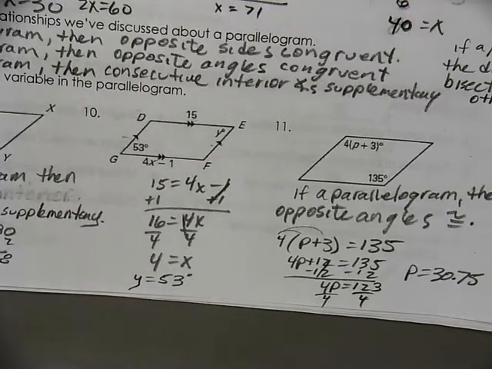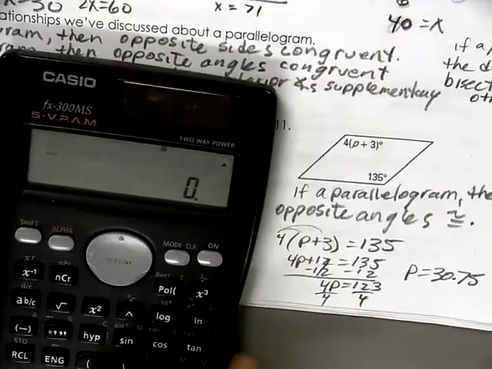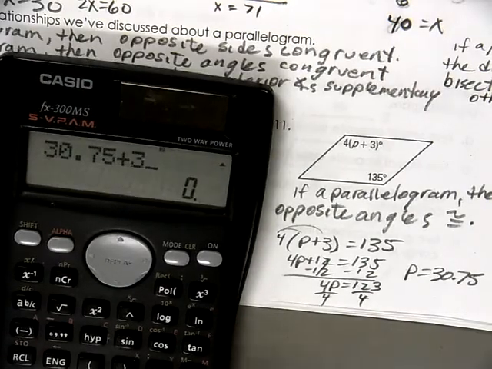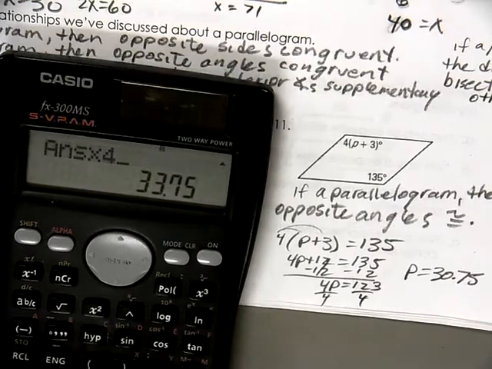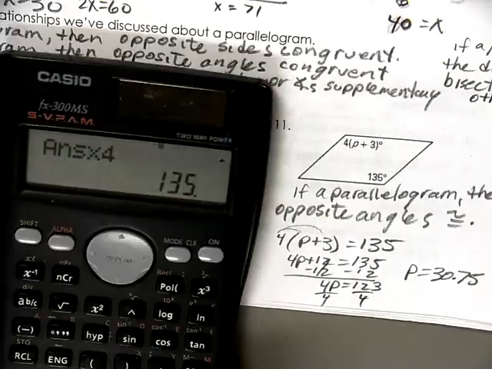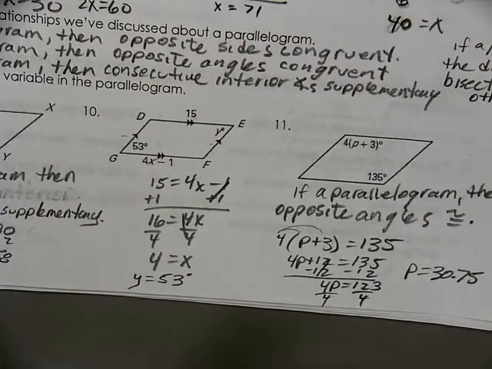And you could test that. You could take your 30.75, you could add 3 to it, you could times that by 4, and you got your 135. It's a good way to test it. Check your work.